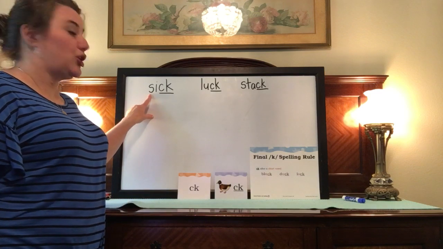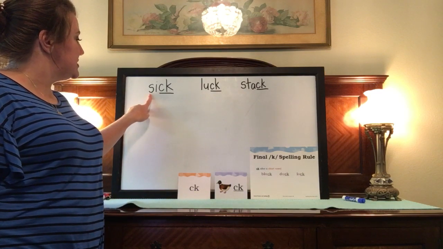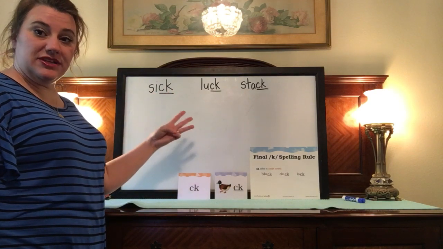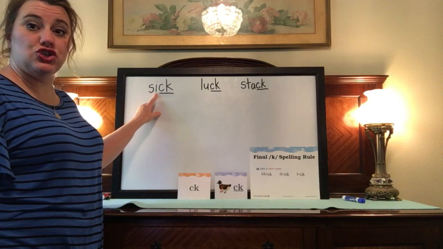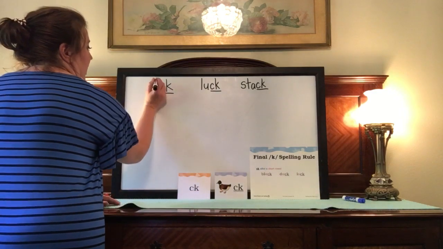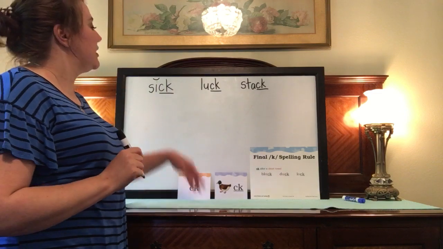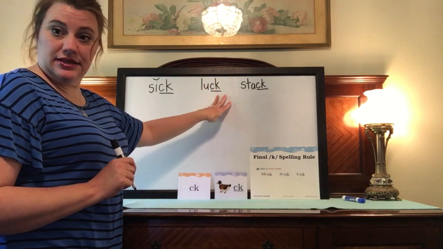So this is the word sick. Let's break that up. S, i, k. I hear three sounds. The vowel sound i is short, so I would go ahead and code it with a breve. Now let's look at luck. L, u, k.